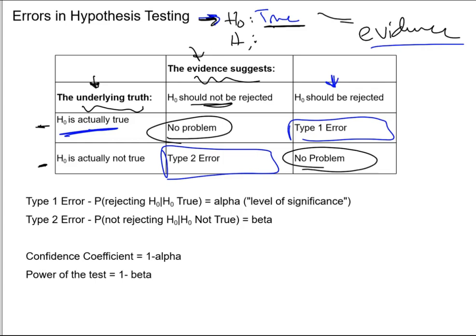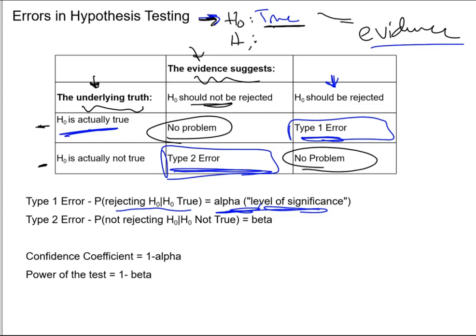This process led us to the wrong place. The evidence led us to believe something that was incorrect. Specifically, the null was true, and we were led to believe it was not true. That's what a type 1 error is. And again, we refer to the probability of our comfort with that as the alpha, or the level of significance.